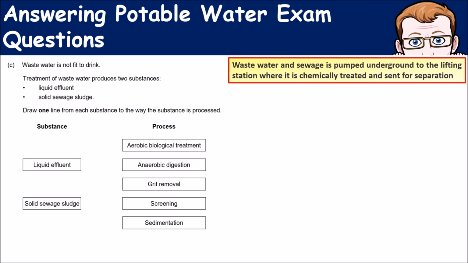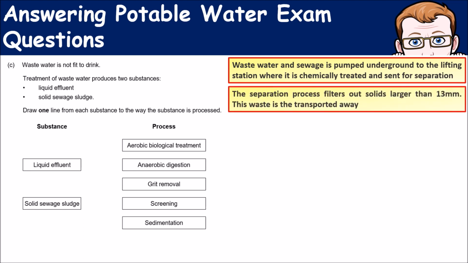Some of the other things they ask about when it comes to potable water is treating wastewater, wastewater being water that comes from people's toilets and so forth. We start off with the wastewater, and sewage is pumped underground, generally to lifting stations where it's chemically treated and then sent for separation, similar to normal water treatment.